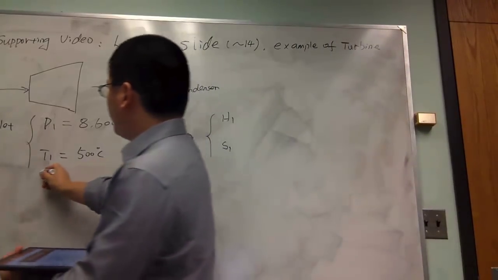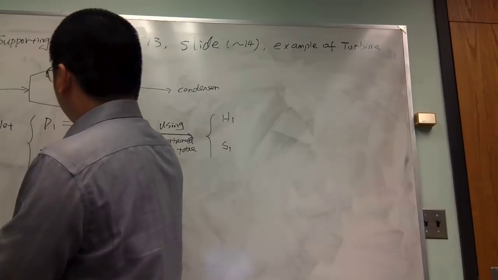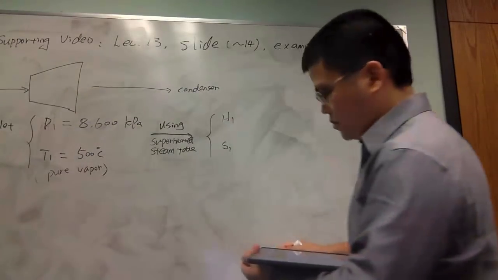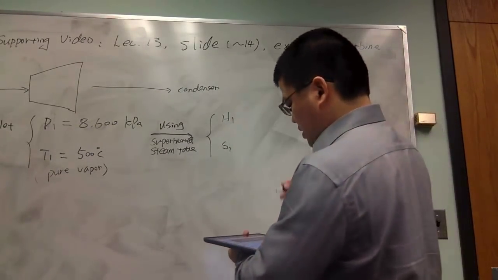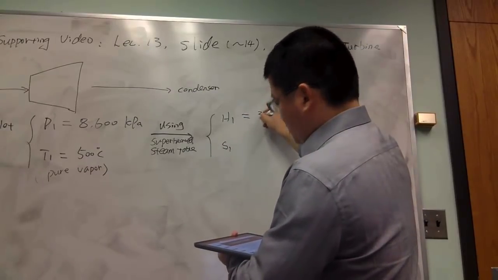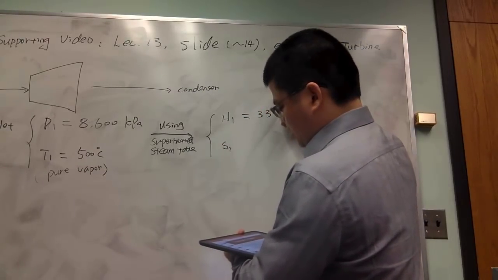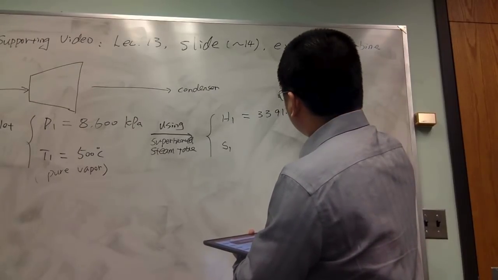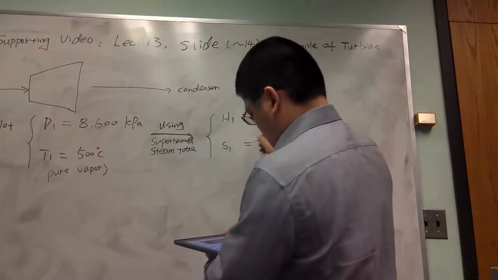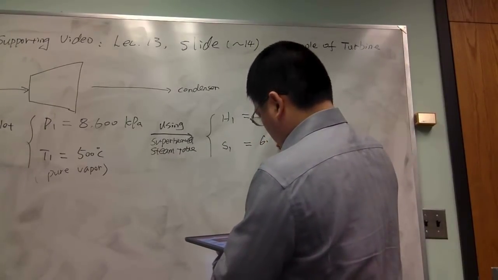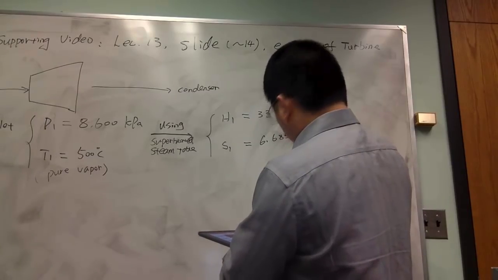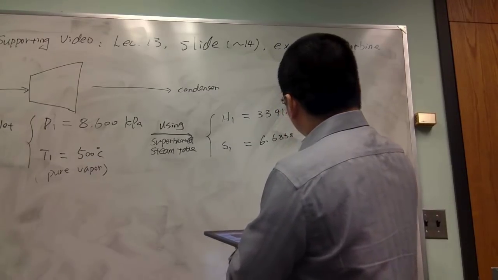Here I'm going to have pure vapor. So H1 is 3391.6 kilojoule per kilogram. S1 is 6.6858 kilojoule per kilogram Kelvin.